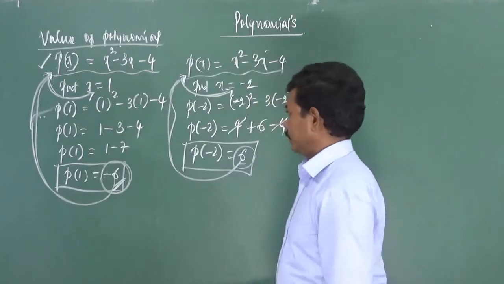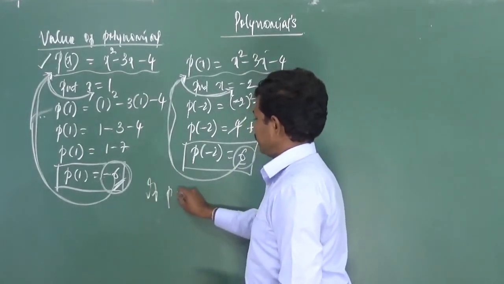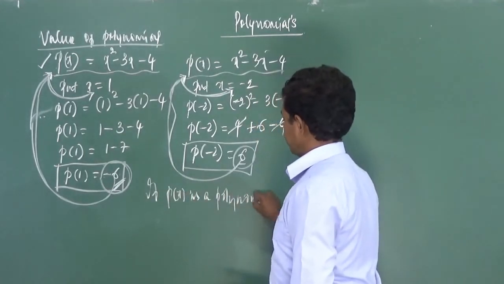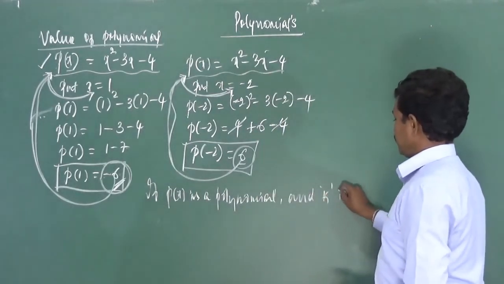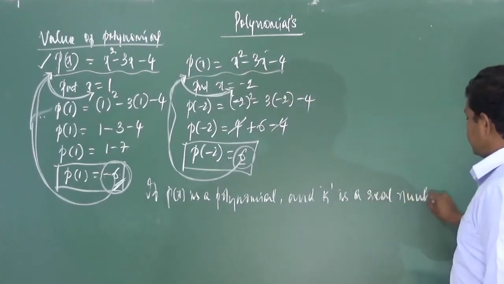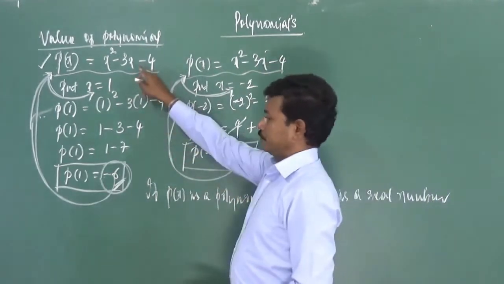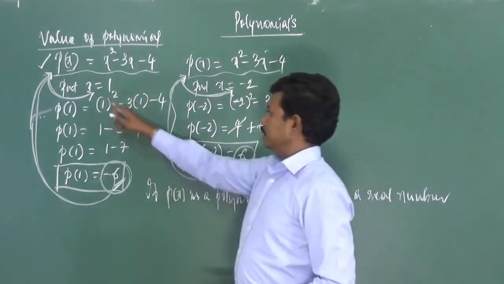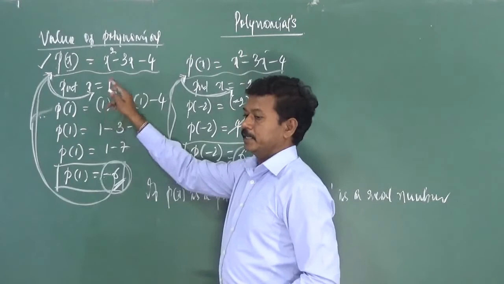So it depends. Now, if p of x is a polynomial and k, for example, is a real number. P of x is a polynomial, that is what we have taken here, and k is a real number, that is in place of x we are substituting 1, so 1 is considered to be k, that's all.